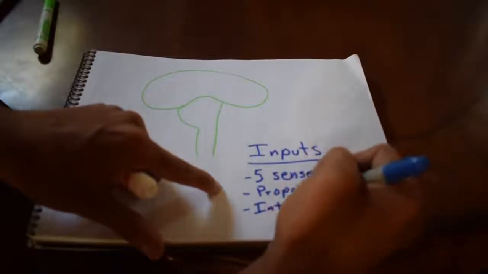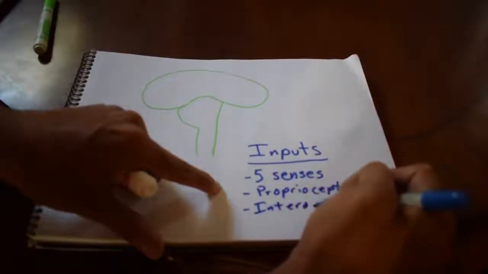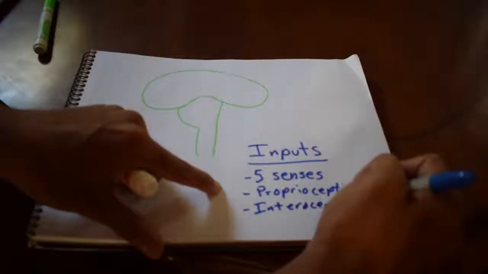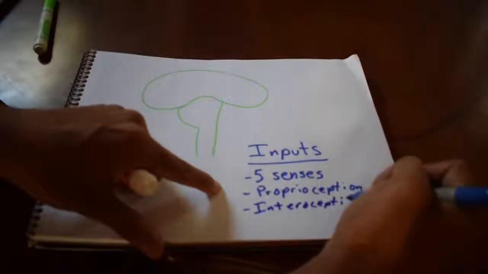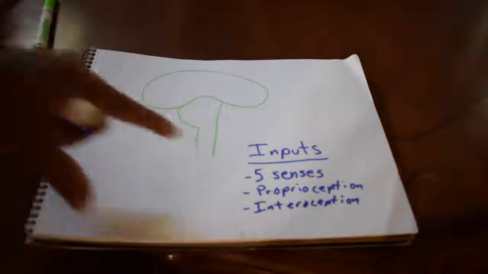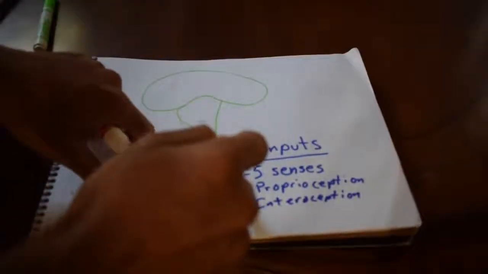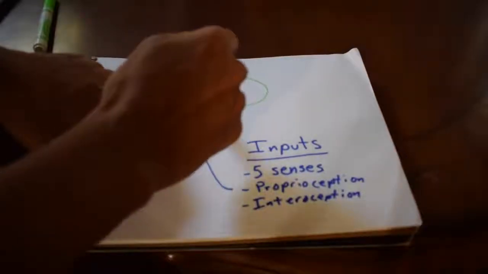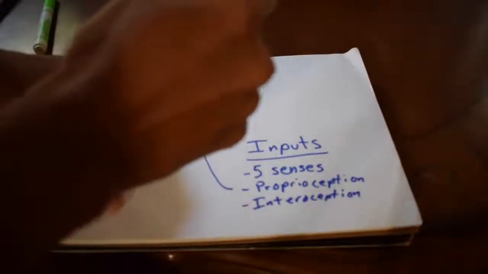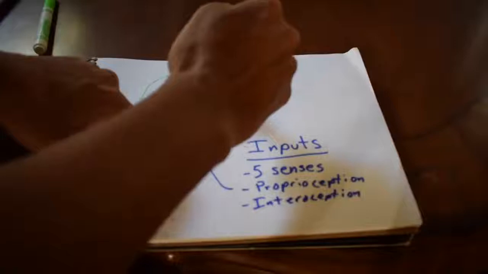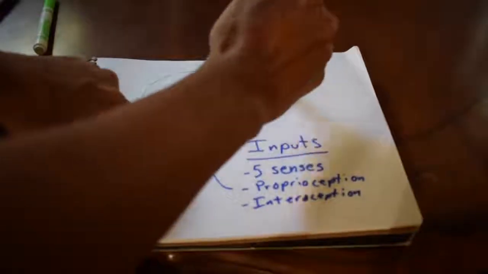Another type of input is called interoception. That is a feeling of our internal regulation of our bodies, whether it's from our organs or other aspects. So then what happens is these inputs go up into the brain, and then the brain has to process them.